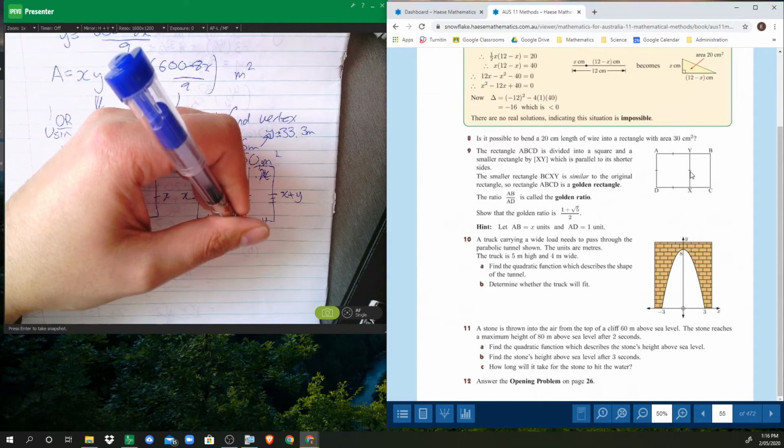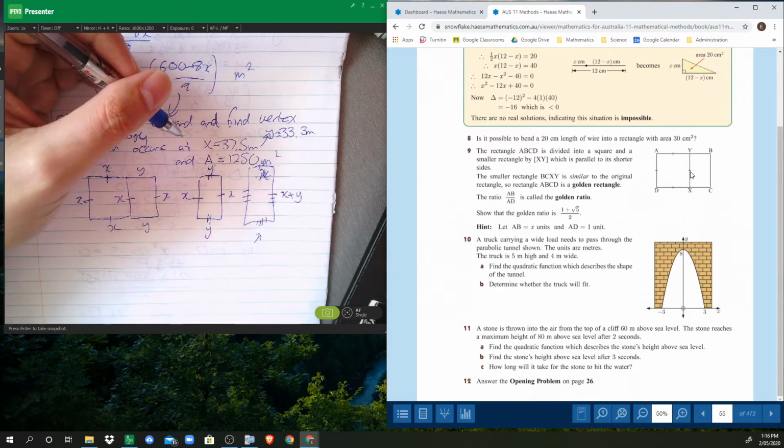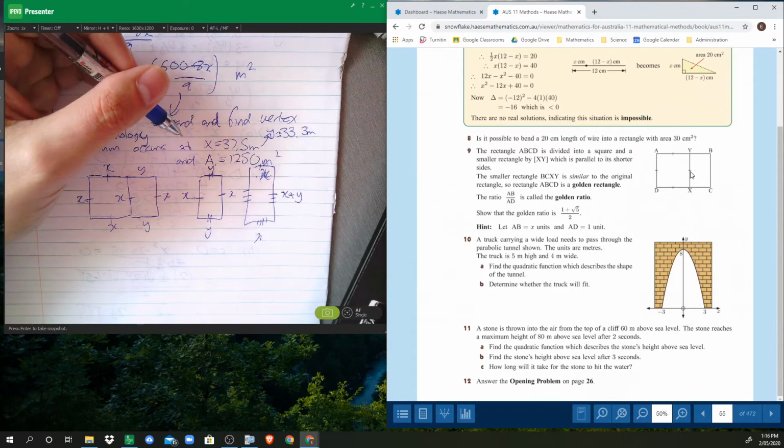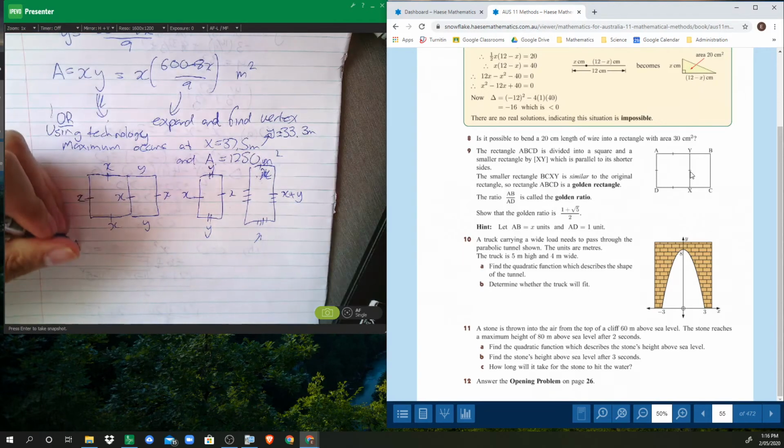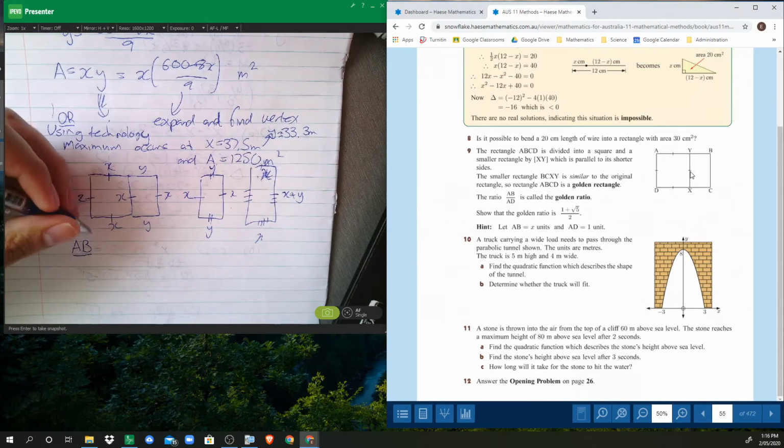There's more to it than that. Let's have a look at AB over AD.